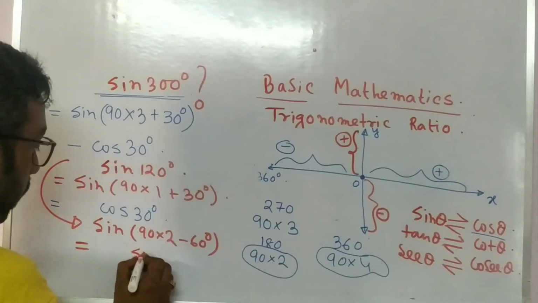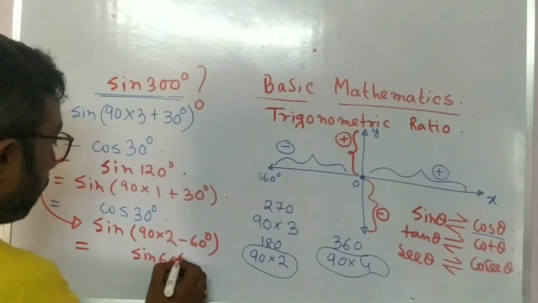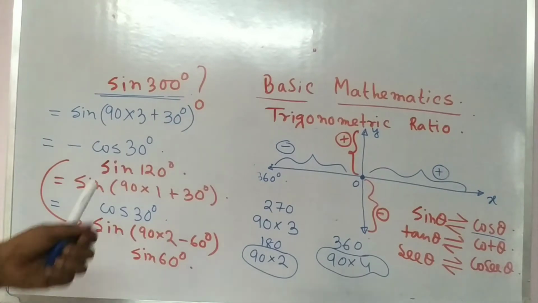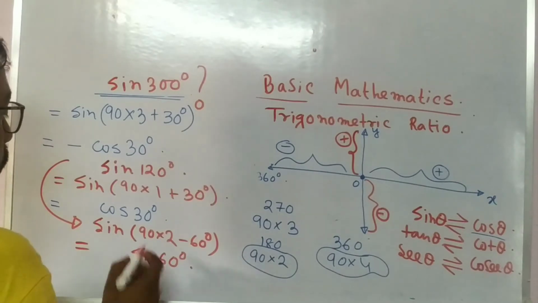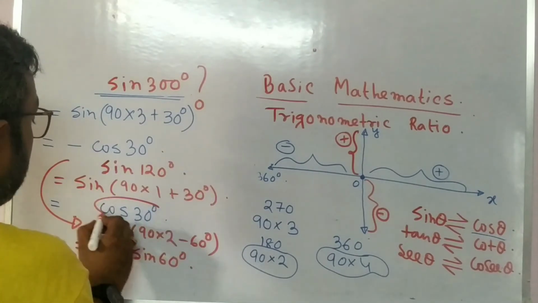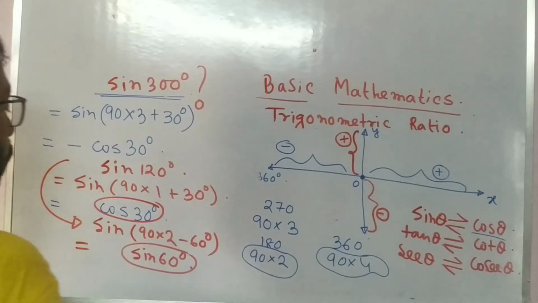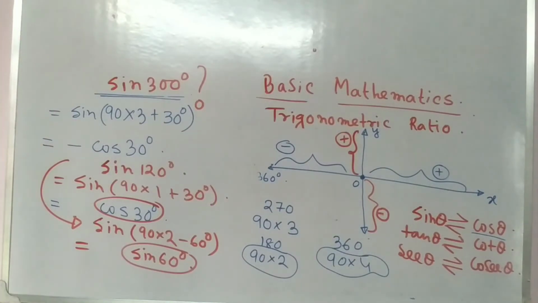So here we can write sine 60. Okay, so here sine 120 is in the second quadrant, so there will be no change in sign. So the value of sine 30 and the value of sine 60 are also the same. So answer will be the same. Okay, I hope guys you will understand this portion.